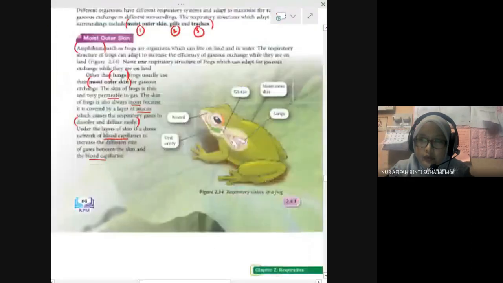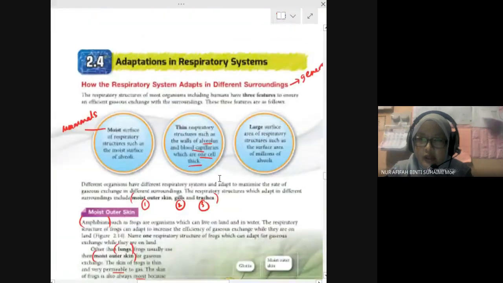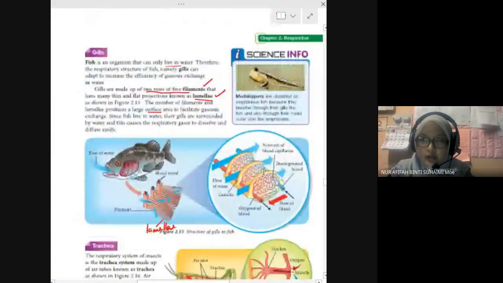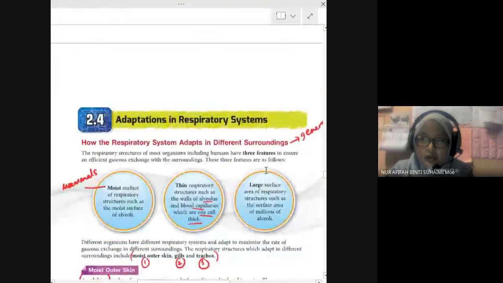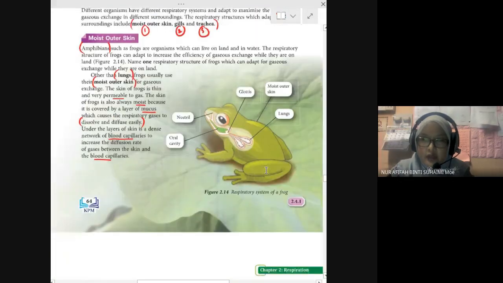Okay, let me repeat. Today you learned adaptation in animals, adaptation in the respiratory systems of animals. We have three main respiratory systems: skin for amphibians, gills for fish, and trachea for insects. Amphibians actually have two types of respiratory system.